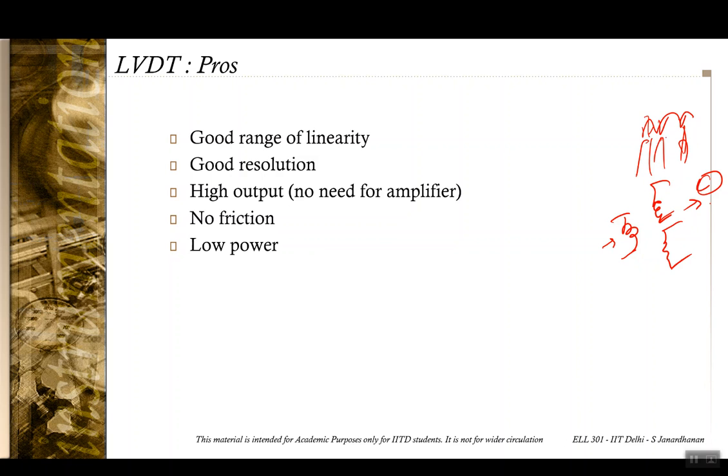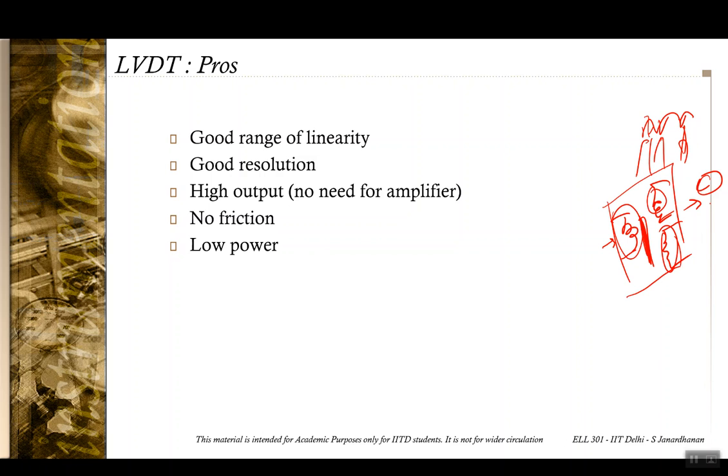And again, unlike the case of the wire wound resistive transducer, here the core is not touching any of the other coils at all.